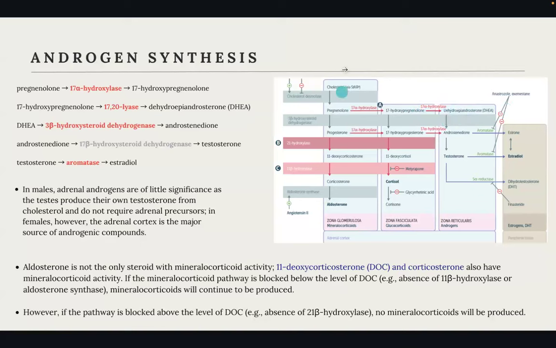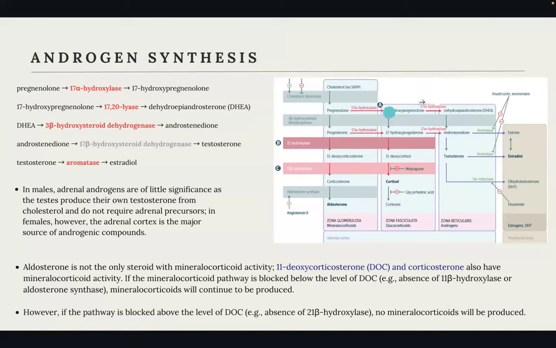Or I could begin from here. Cholesterol, pregnenolone, progesterone, hydroxyprogesterone by 17 alpha hydroxylase, and then 17,20 lyase to give me androstenedione. Do you see how I can begin either from hydroxypreg or hydroxyprogesterone? Both I could use 17 alpha hydroxylase, then 17,20 lyase to give me either DHEA or androstenedione.